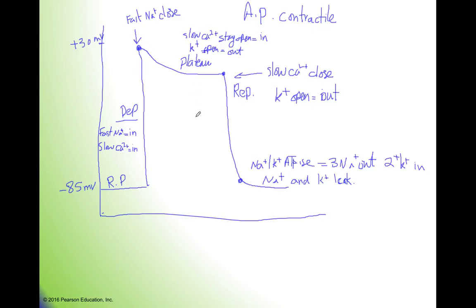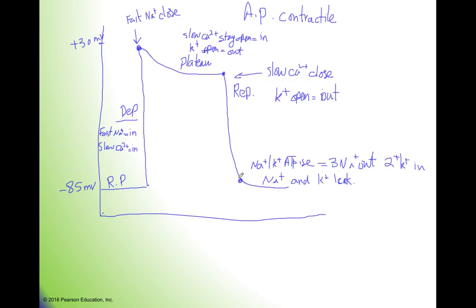So you're basically having a gain of positive charge and a loss of positive charge, which maintains your potential at about positive 30. As time passes by, you will have your calcium channels completely close up and your potassium fully open, which causes the repolarization phase back to around negative 85.